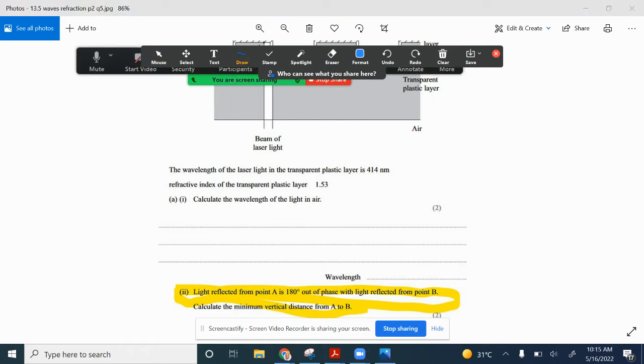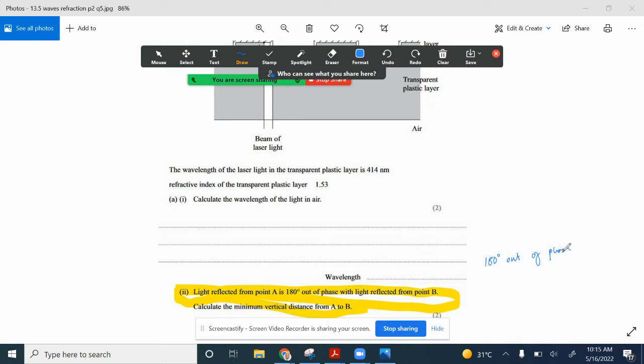We know that when we are 180 degrees out of phase, we know that is half a wavelength in terms of path difference. So we know that the path difference is equal to a half wavelength when the waves are out of phase.